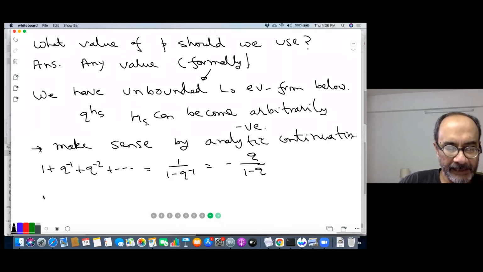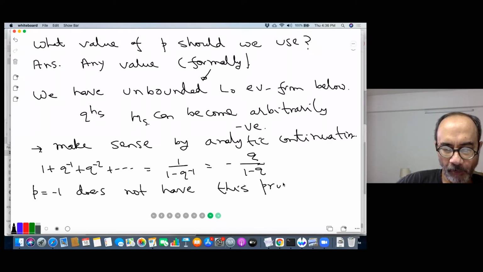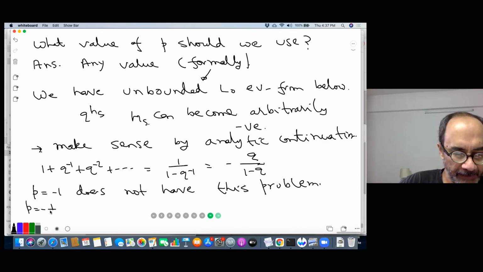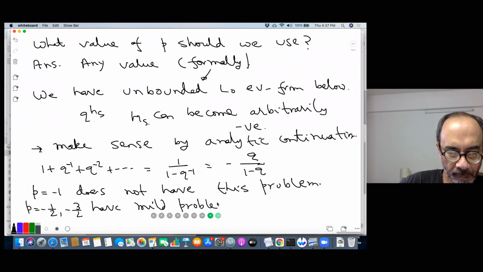And clearly in this case, P equal to minus 1 does not have this problem. There the formal sum is actually a convergent sum. P equal to minus half and minus 3 half have mild problems, due essentially to either beta 0 or gamma 0 not annihilating the vacuum.